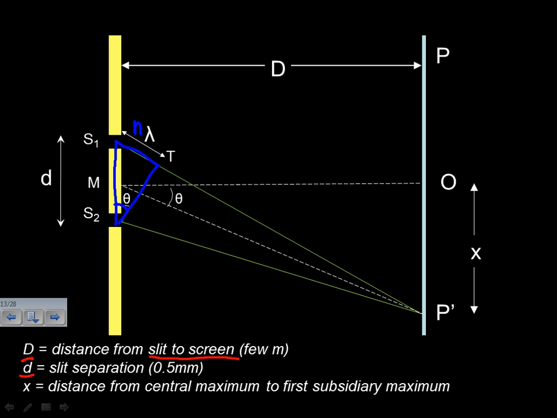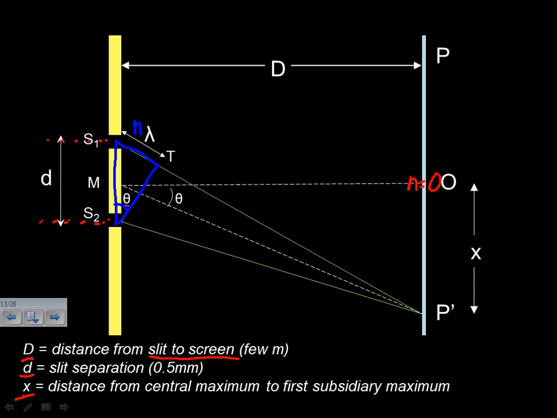Lowercase d is the slit separation, and we usually go from center to center. Whatever you use and you're consistent, that is your slit separation. It's similar to your slit width whenever we had single slit, but now that we're double slit, it's how far apart they are. And then x is the distance from your central maximum, which is here in the middle, okay?